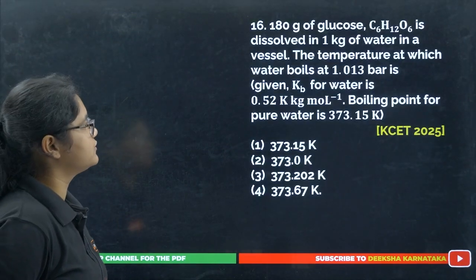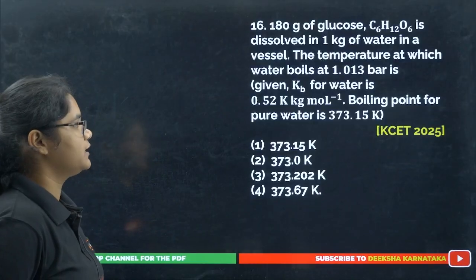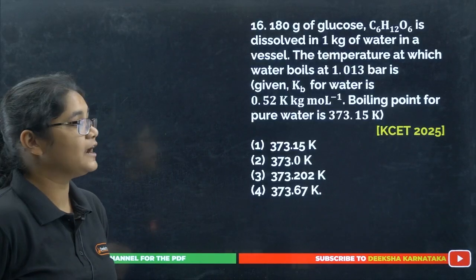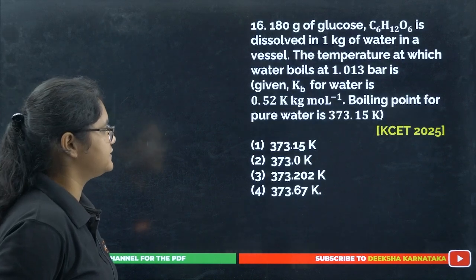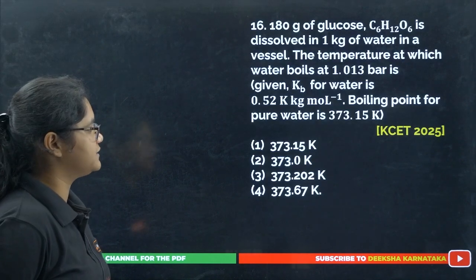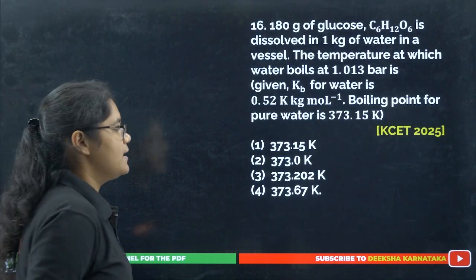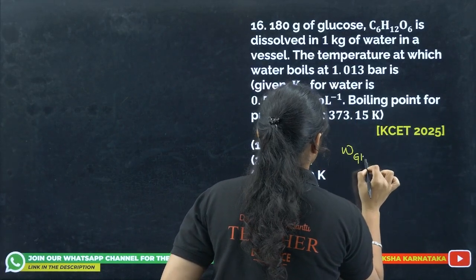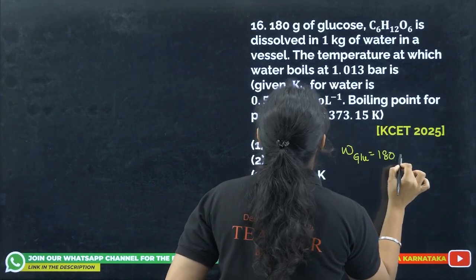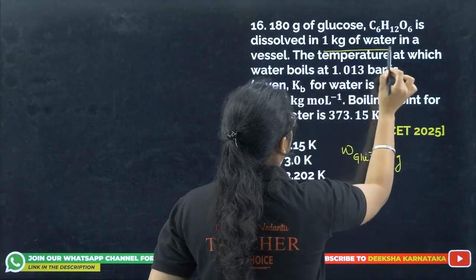180 gram of glucose is dissolved in 1 kg of water in a vessel. You have to find the temperature at which the water boils at 1.013 bar. Kb value is given, and the boiling point of water is given. So I have the mass of the solute, W of the glucose, which is 180 gram dissolved in 1 kg of water.